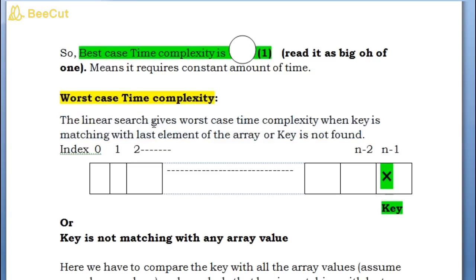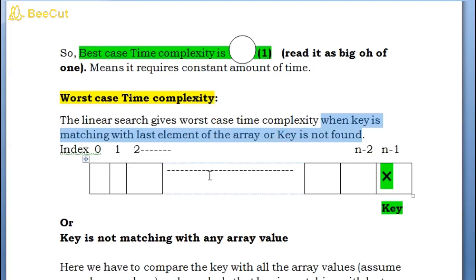Please pay attention: when the key is matching with the last element of the array, or the key is not found in the array, then linear search gives worst case time complexity.